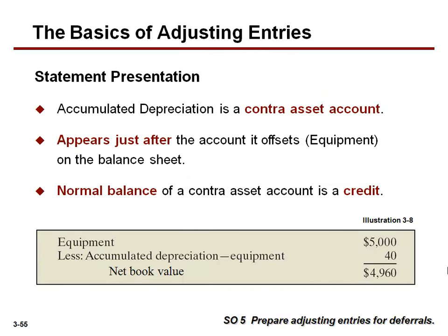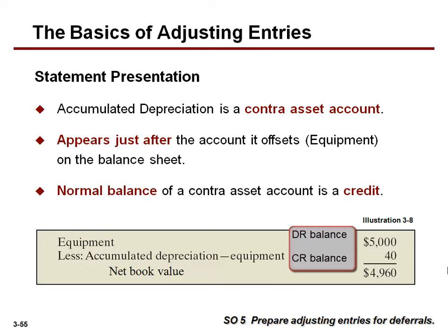Let's spend a moment reviewing our balance sheet statement presentation of this new account. As indicated, it's a contra asset account. It appears right after the equipment account. It offsets the equipment account on the balance sheet. The normal balance of contra asset accounts are credit.